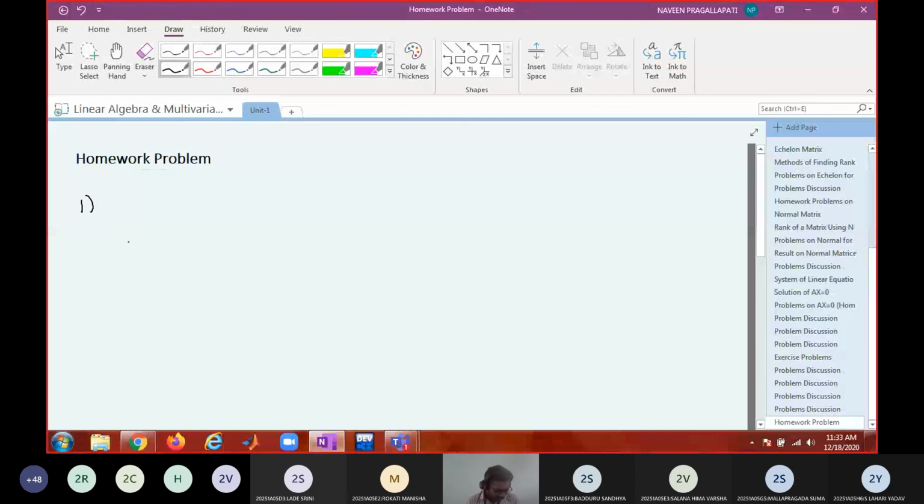Let me write the problem. Homework problem. For what values of lambda does the following system have a non-trivial solution?